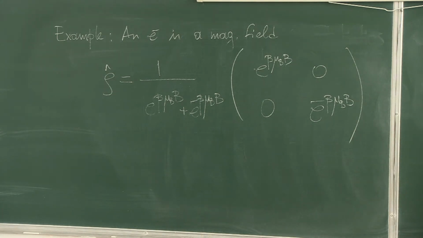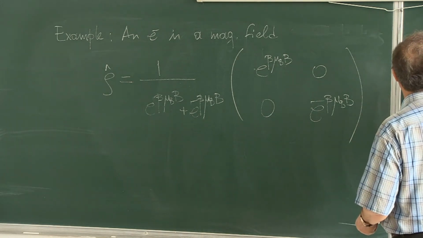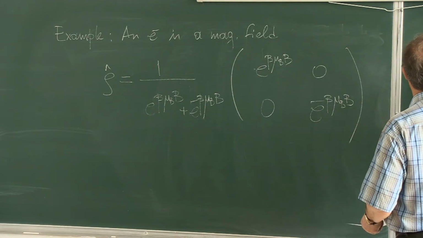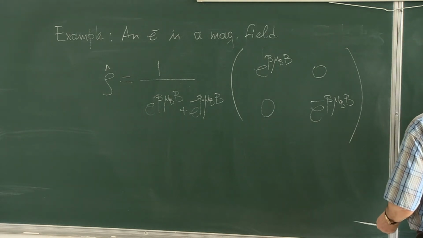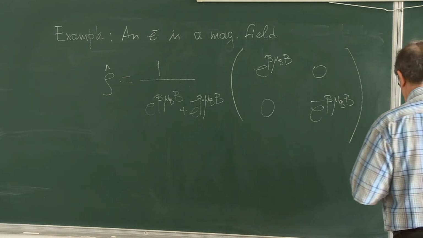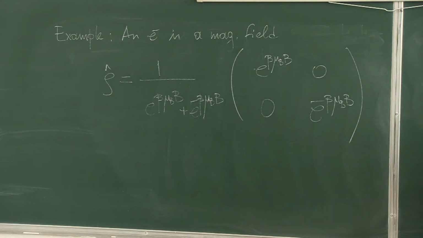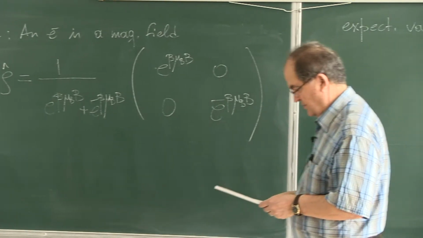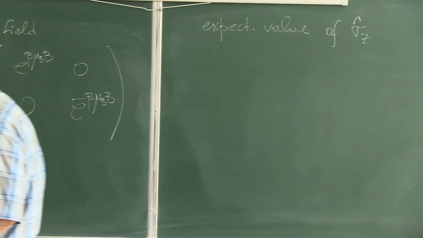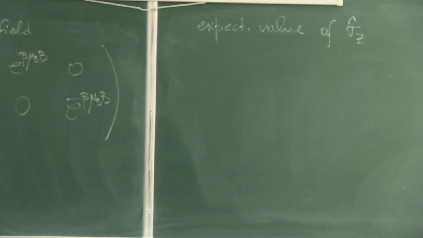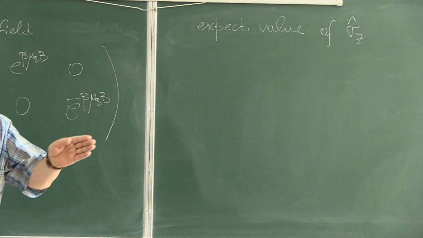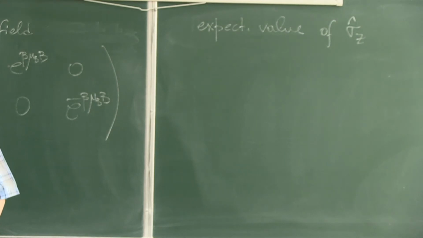Now, the expectation value, or average value if you like, of this sigma z operator. Well, what is this? It is going to be the magnetization along that direction, isn't it?